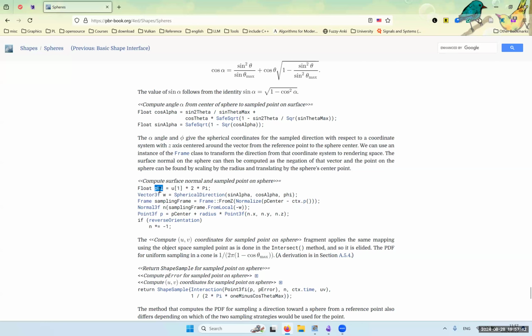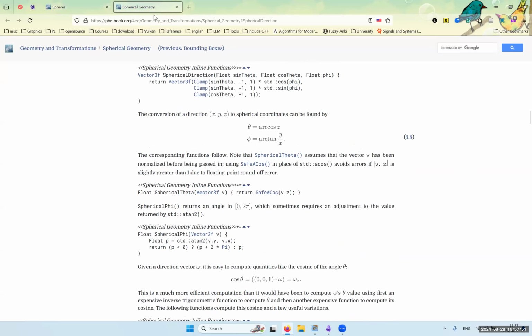And phi, what is this? Spherical direction.